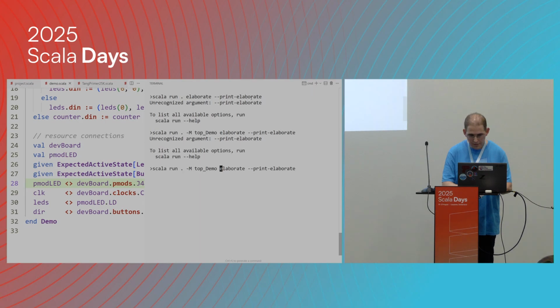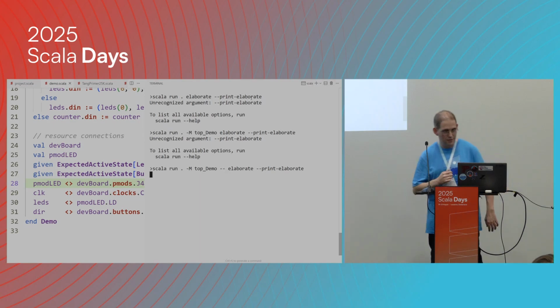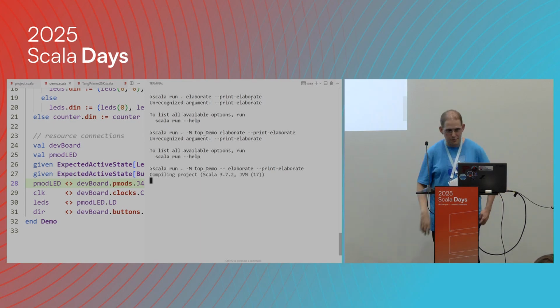Like an extra dash dash to pass the arguments. I don't know what happened here. Then you need an extra dash dash before elaborate. Oh, yeah. Sorry, Scala CLI. I forget sometimes.